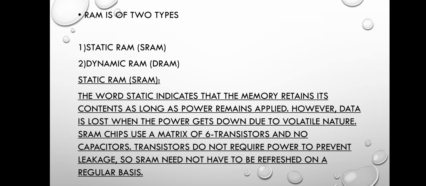Static RAM, SRAM. The word static indicates that the memory retains its contents as long as power remains applied. However, data is lost when power goes down due to its volatile nature. SRAM chips use a matrix of 6 transistors and no capacitors. Transistors do not require power to prevent leakage, so SRAM need not be refreshed on a regular basis.